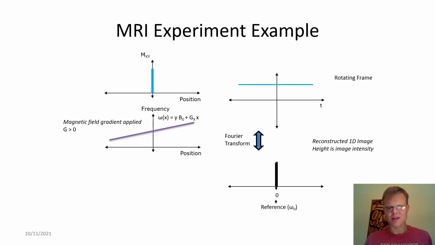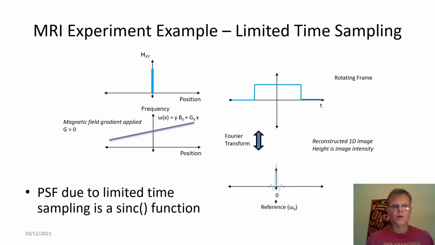But I've glossed over something in this example, which is we actually only sample data for a limited amount of time. I've illustrated that here in the top right, saying I only get to sample or acquire this constant signal for some limited amount of time. Outside of that, I have no information, so we have to assume it's 0.